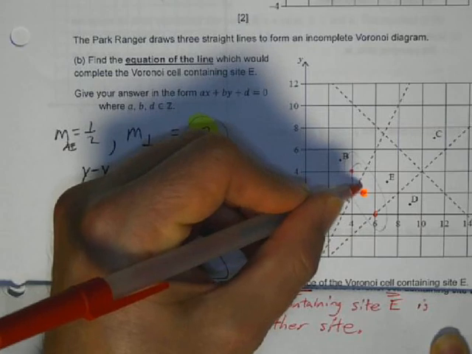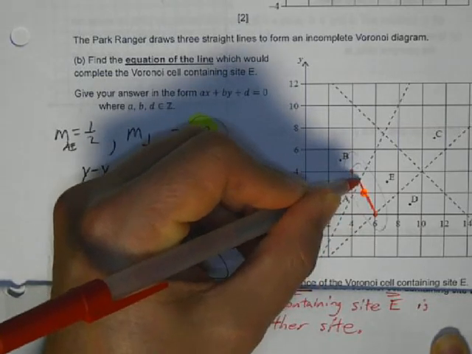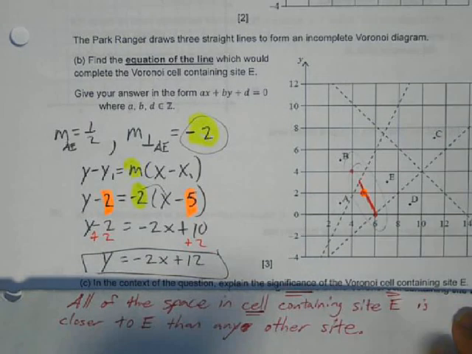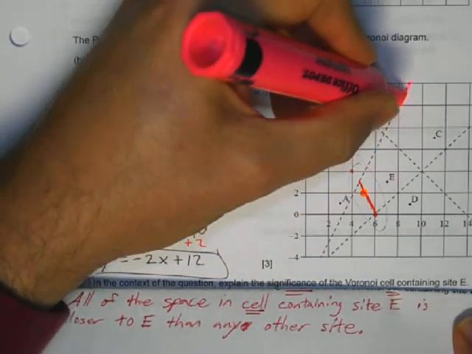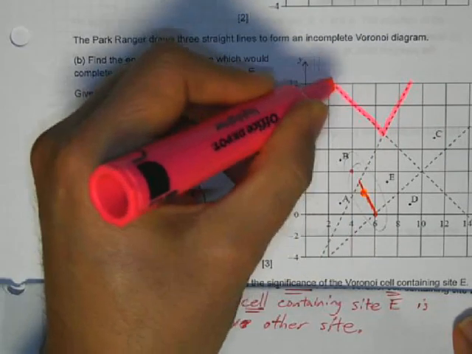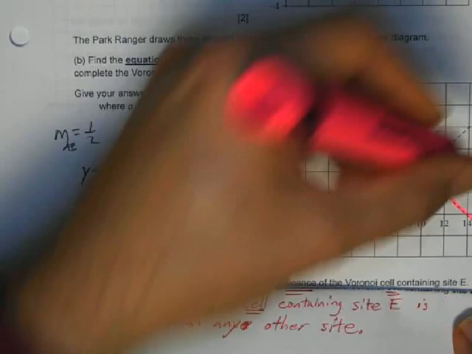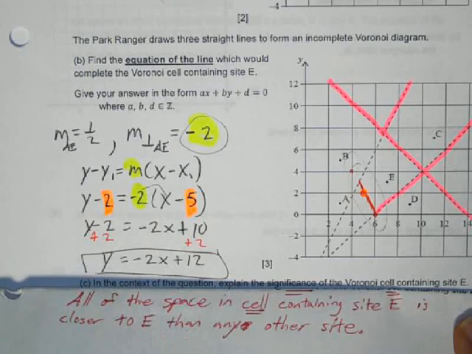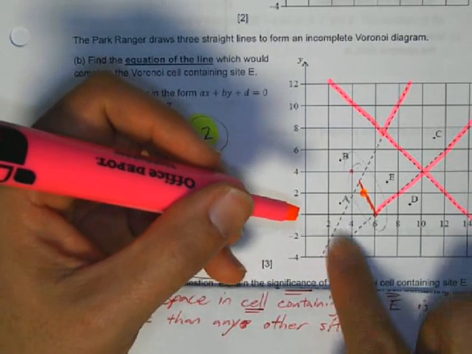So I'm going to connect these red dots here, but it's only going to really connect between the dotted lines, because our Voronoi diagram only goes between the dotted lines. I don't continue it beyond. So I'm not going to continue these dotted lines because they're really close to A, right?